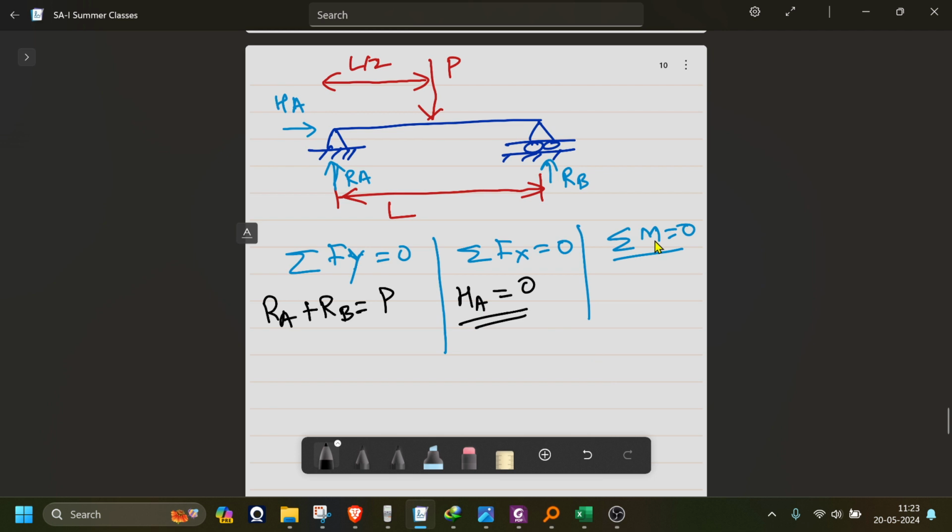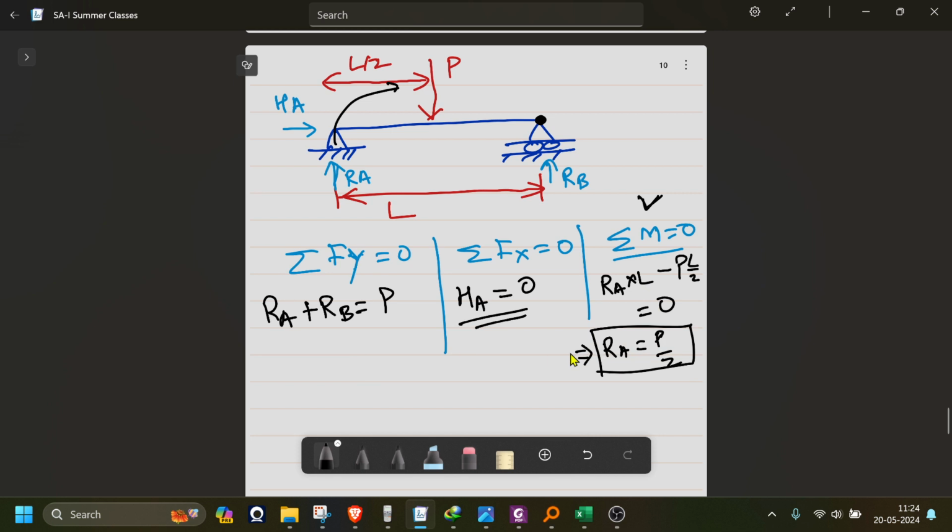Now what about moment? To find RA and RB, I take the third equation, summation of moment equals 0. Taking moments about the left support, RA into L minus P into L by 2 equals 0. L cancels, so RA equals P by 2.